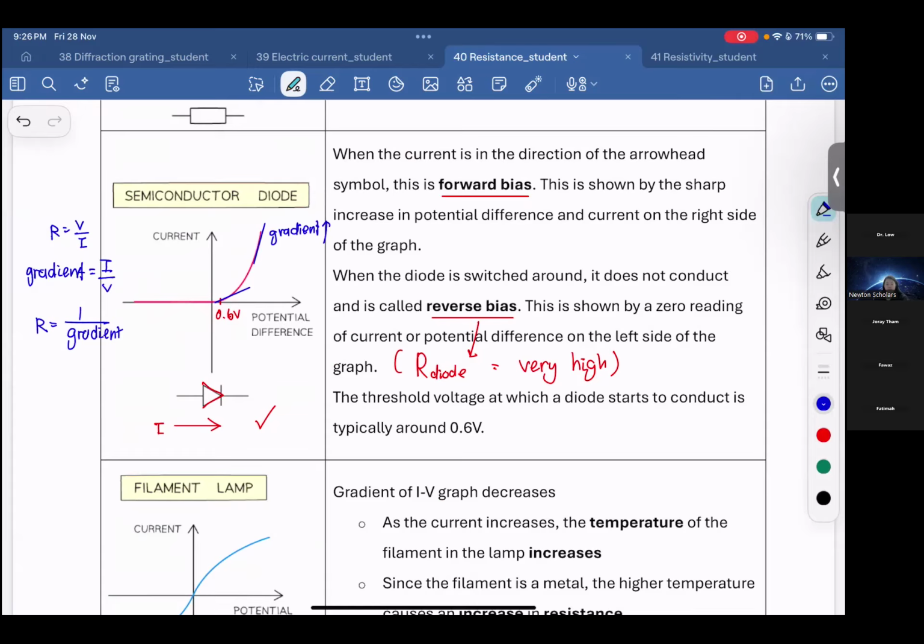When your gradient is higher, your resistance is lower. So for this diode, the resistance will decrease. It starts high, then after that decreases until here. Is that clear?